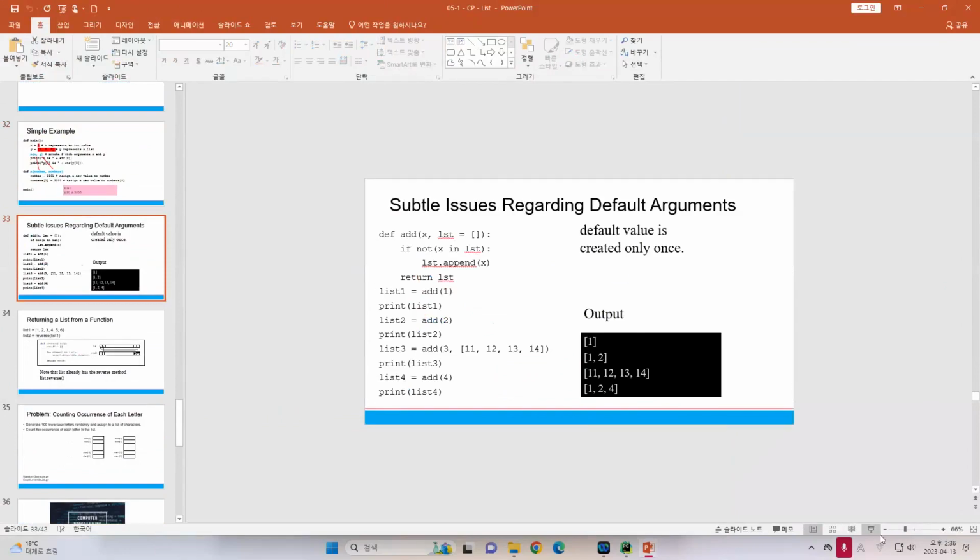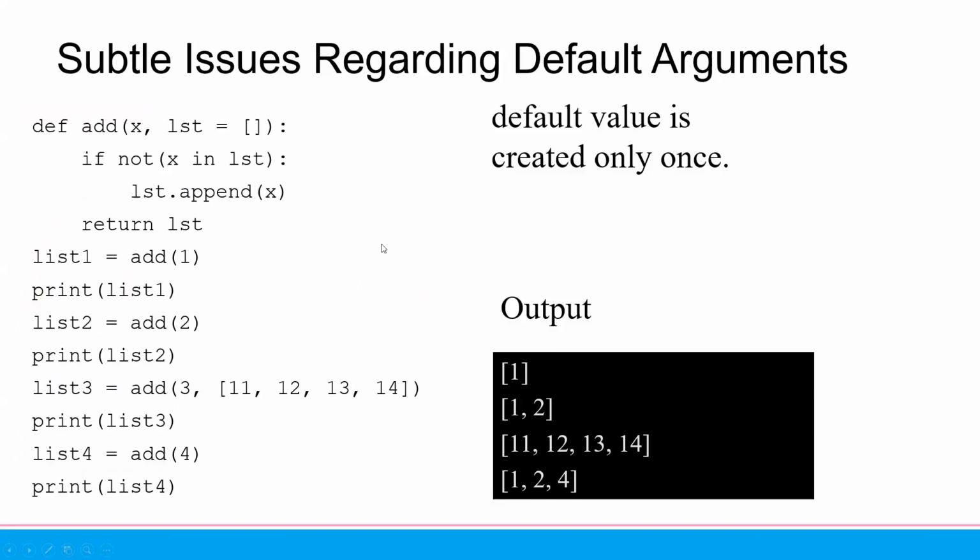So I have another kind of example, how we can define with default arguments. I have the function add, and then I have one parameter which is x, and then I have another parameter which is list.